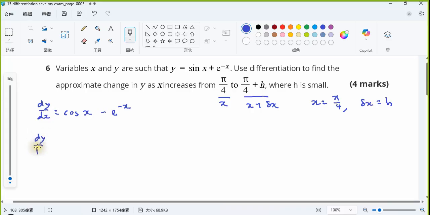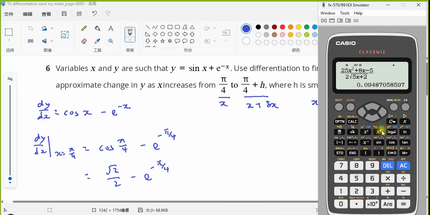So dy dx when x equal to pi over 4 is cos pi over 4 minus e to the power negative pi over 4. So square root 2 over 2 minus e to the power negative pi over 4. So cos 45 is square root 2 over 2.